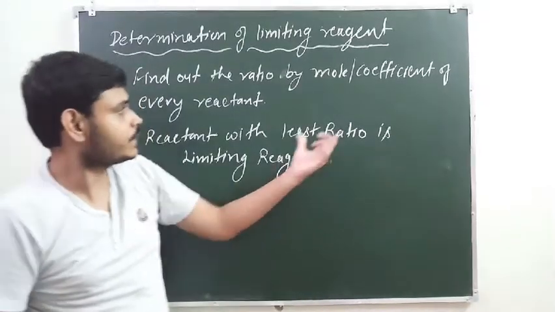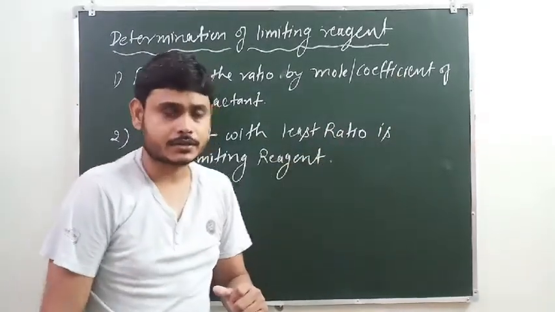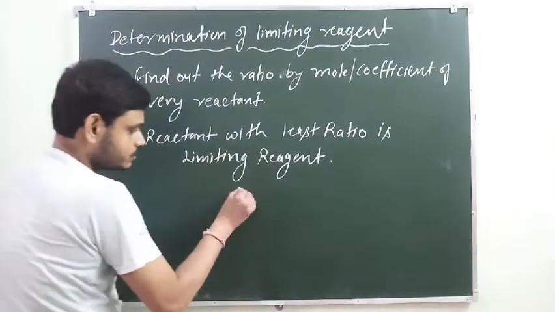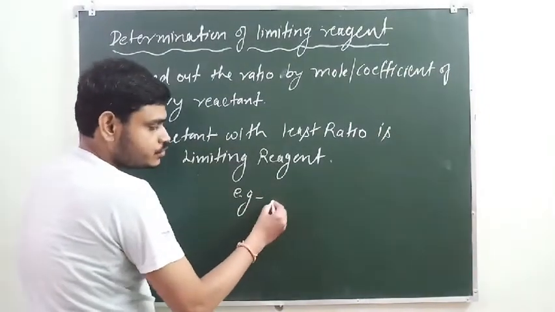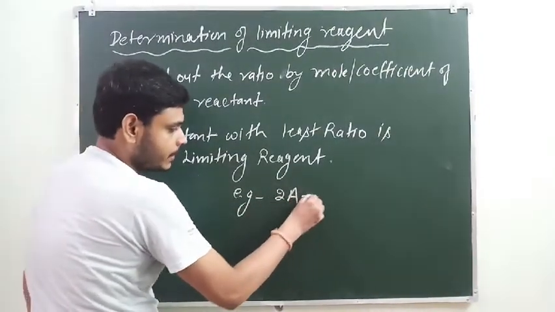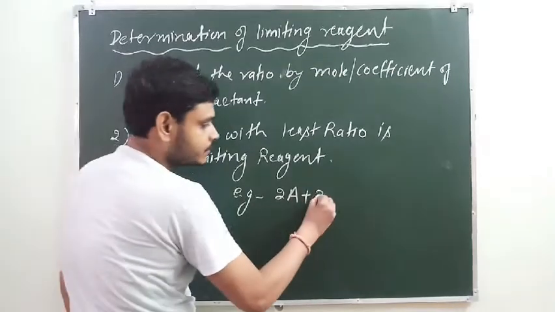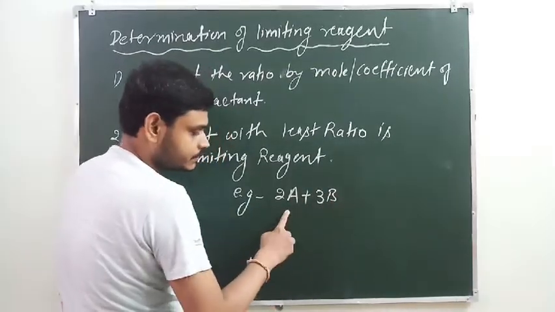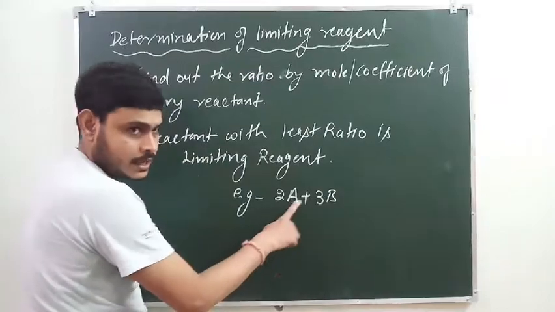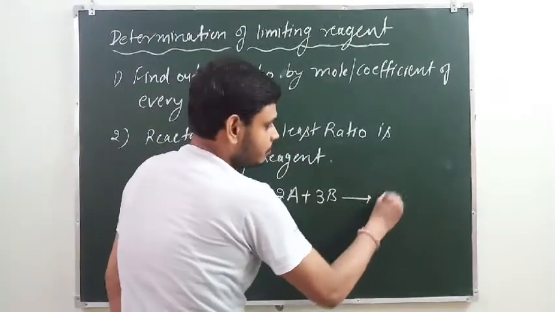The question will arise, what is coefficient? For example, suppose 2A reactant reacts with 3B reactant. There are two reactants A and B, to form AB.